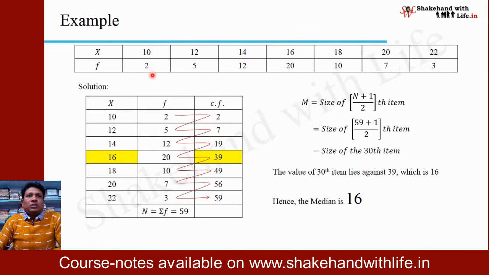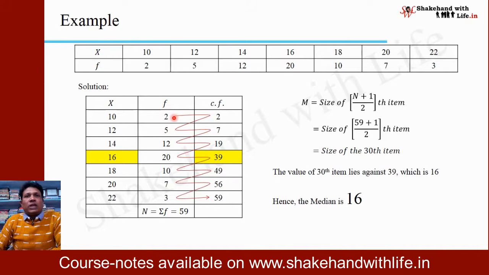You need to first arrange them column wise. So in the first column the data values are given here, and in the second column the corresponding frequencies are given here, and now you need to calculate the cumulative frequency value in the third column. How would you calculate the cumulative frequency?